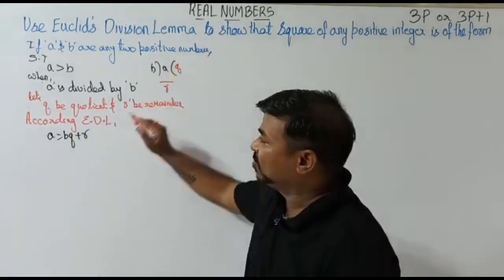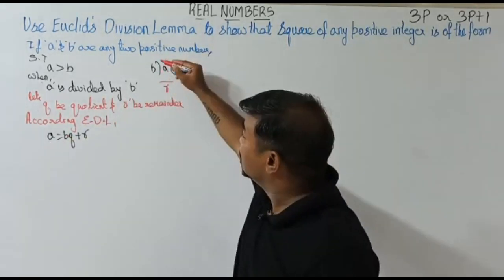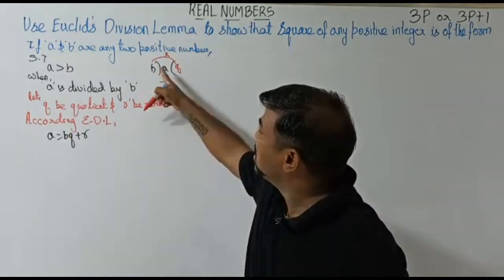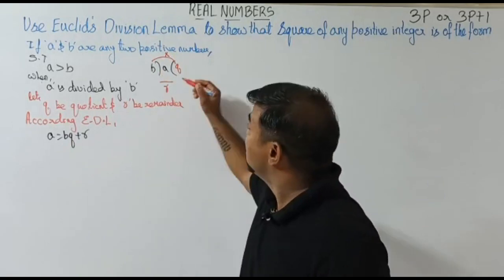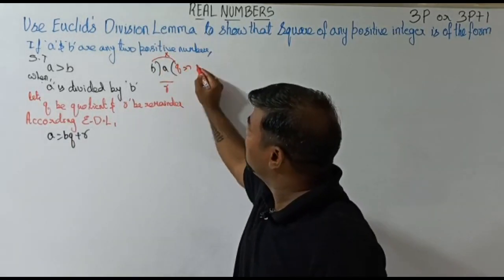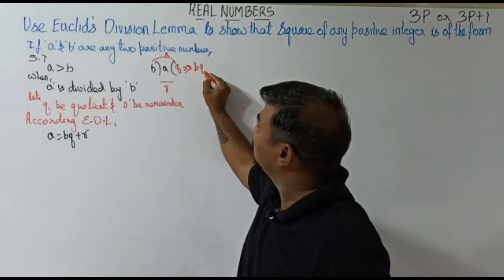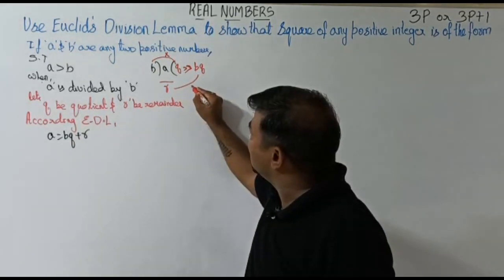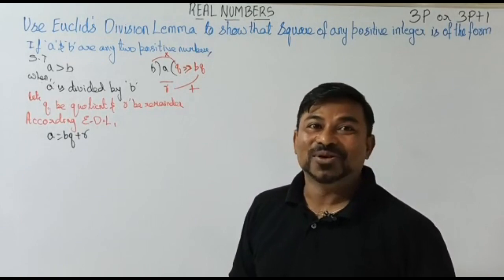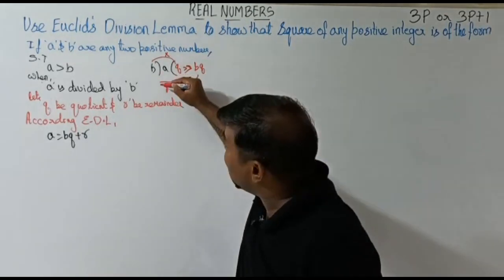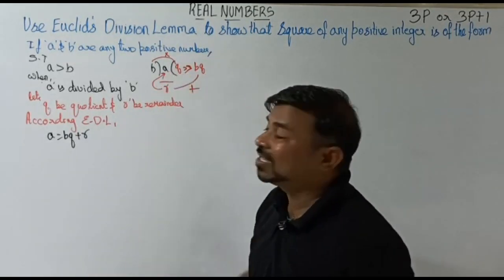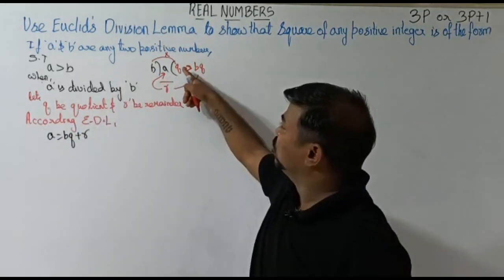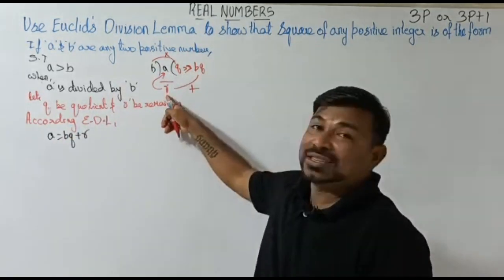Means A equals B into Q. You multiply B into Q, we get the product BQ. To that product, you add the remainder R, then you will get back that A. That is A equals BQ plus R.